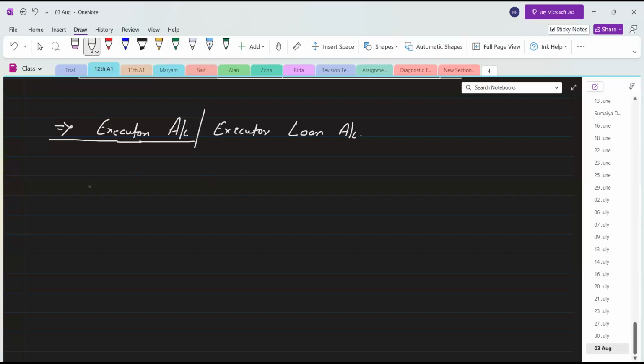So that's why at the end of deceased partner's capital account, when the balance is calculated, it is transferred to executor account. For that purpose, we have to pass a journal entry. I will explain the journal entry also while preparing the loan account.